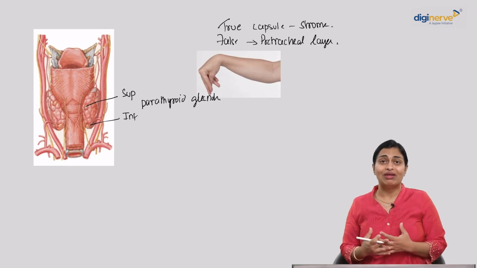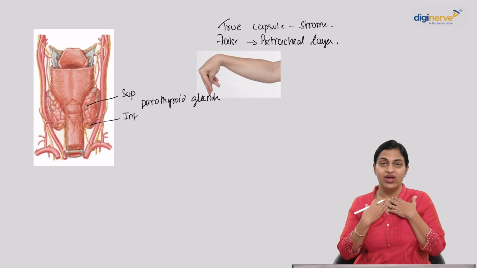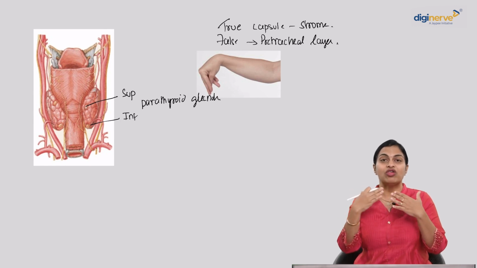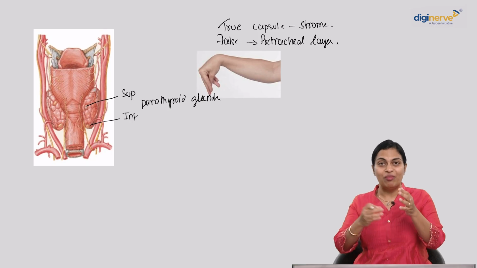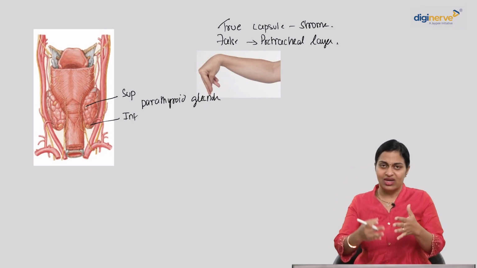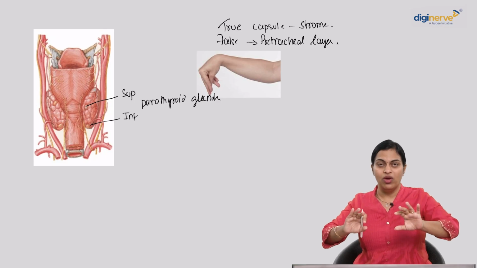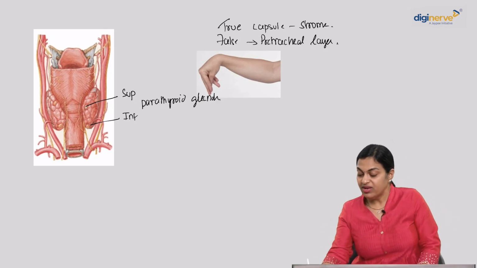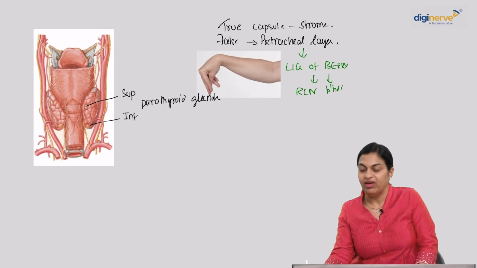This pretracheal layer encloses the thyroid and goes up to attach to the hyoid, to the thyroid, and there's one extension covering the medial surface of the thyroid lobe to the cricoid. That is called the ligament of Berry. The recurrent laryngeal nerve lies behind the ligament of Berry.